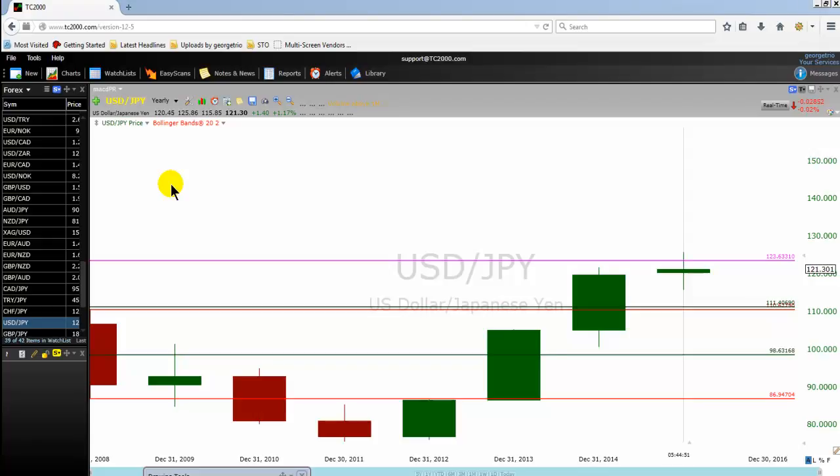So what I recommend to traders, in my view, ladies and gentlemen, feel free to disagree with me. In my view, in order to trade, technically speaking, repeat, technically speaking, what I would recommend to traders, if they are trading the dollar yen, is this: if you are day trading, one should use the 4-hour chart.